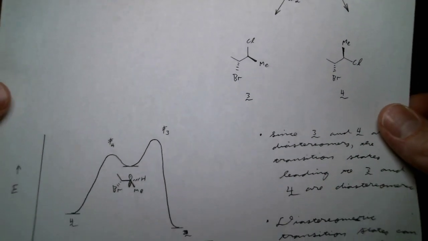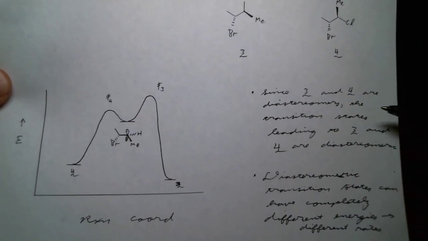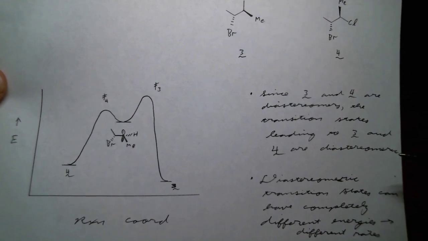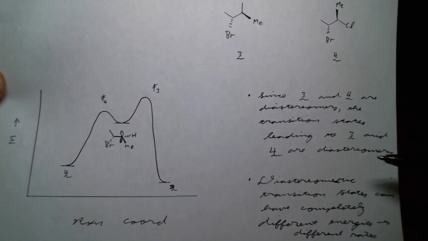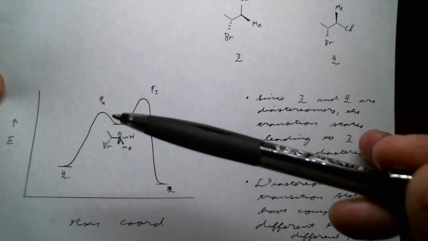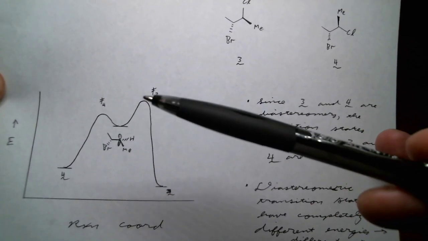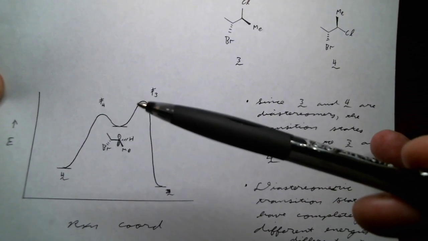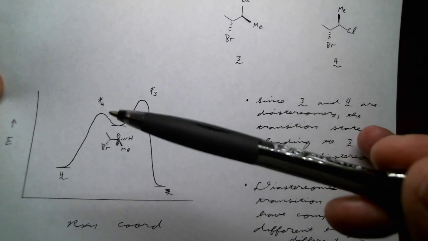In this scenario, since 3 and 4 are diastereomers, the transition states leading to 3 and 4 are diastereotopic or diastereomeric. They look like they're diastereomers. And so, of course, diastereomers have different physical properties. And so you would expect transition states that look like diastereomers to have different physical properties, including energy.